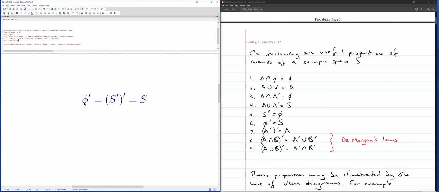So if phi is S complement, then I'm taking the complement of S complement. And if I take S complement and take the complement again, that's just going to be S. We showed this already. So in order to show phi complement is equal to S, I just use statement 5 and statement 7, and combine them to show statement 6.